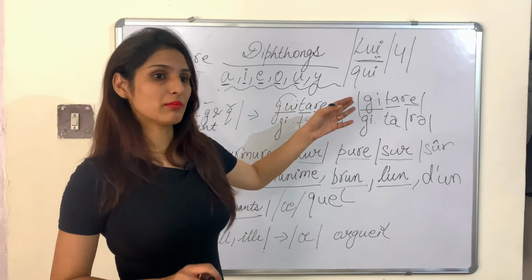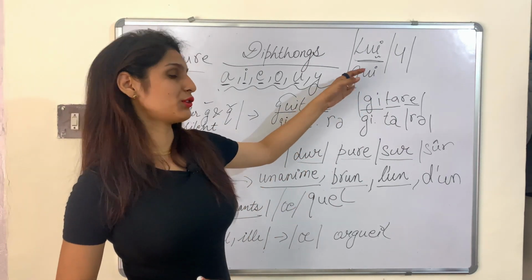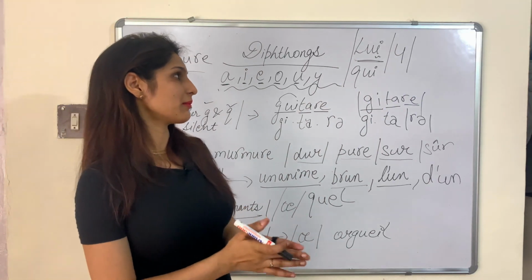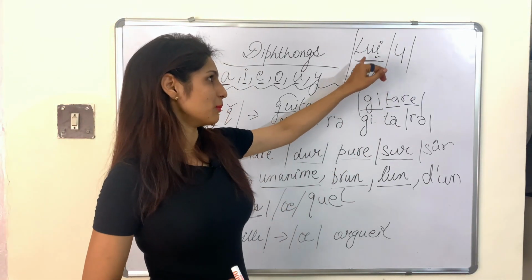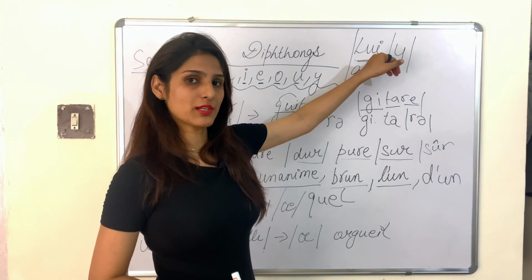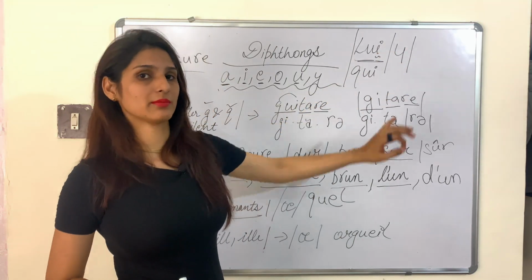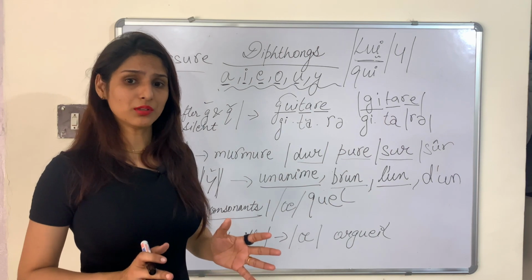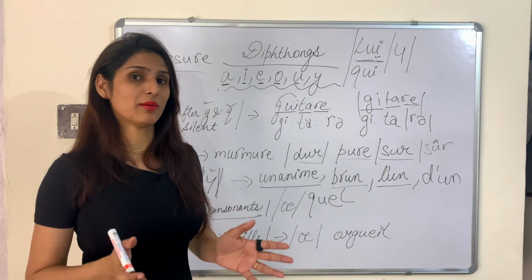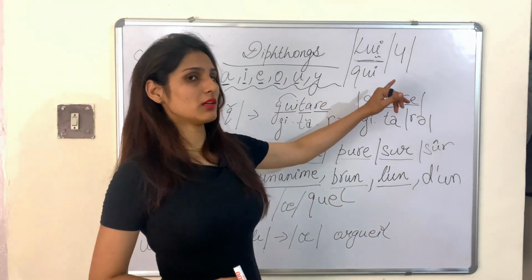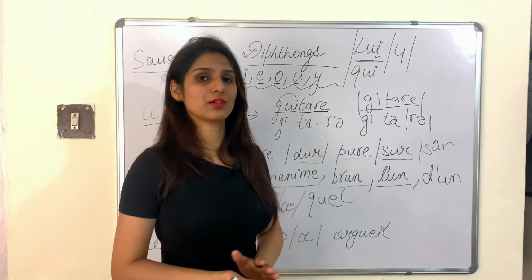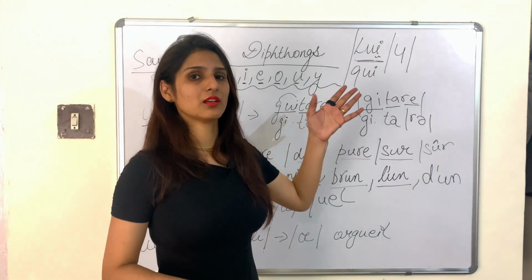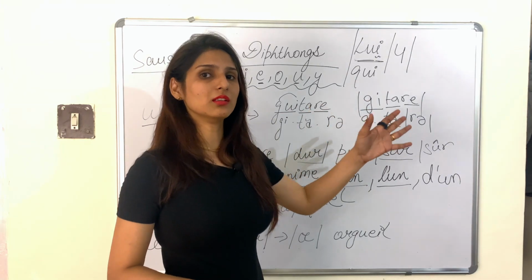It's not going to become luy or q. It will simply remain very light, but the sound of stressed vowel E will come a lot, because these two are very different vowels. U and E, how will you form the sound? Very complicated. So stressed vowel E with U is going to give you a sound something like lui, qui.